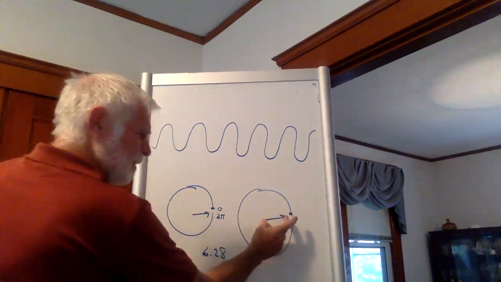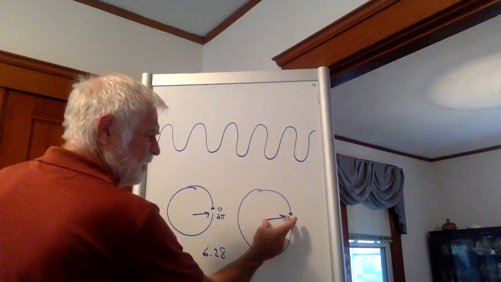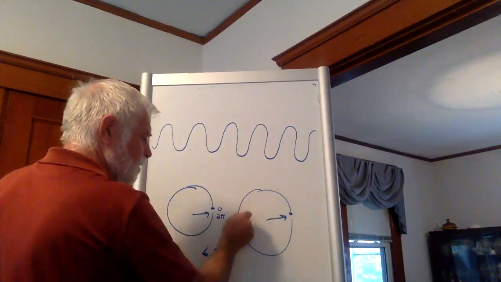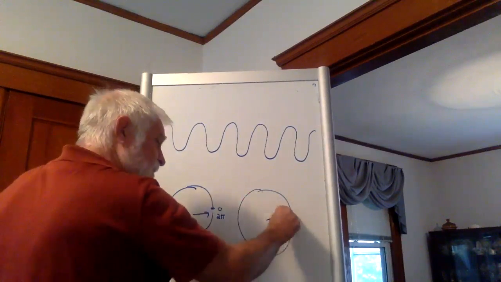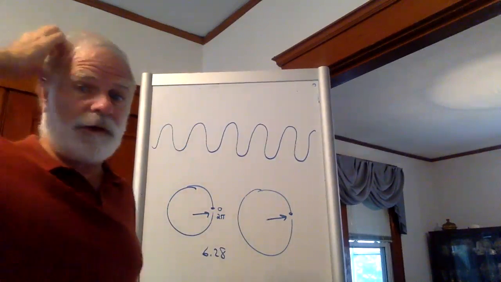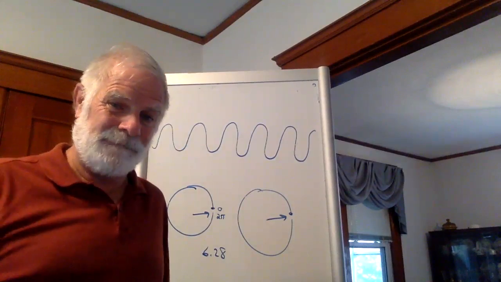Now this circle looks a little bit bigger, but it's still going to be 6.28 of these lengths. That's what we mean by a unit circle, where the unit of measurement is the radius.